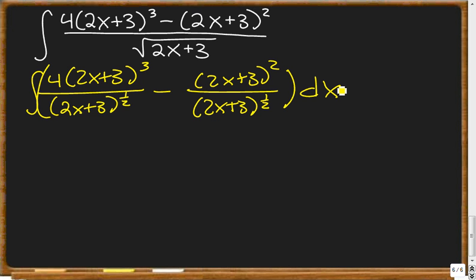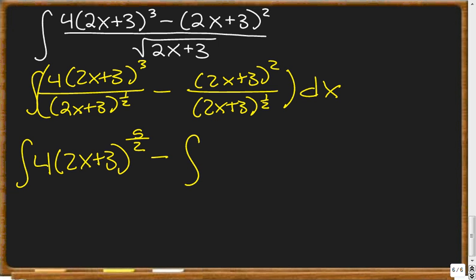And so now I'm going to do the same thing that I did with the last problem, or a couple problems ago, where I combine them all together. I'm going to subtract the denominator from the top. So this is the same thing as the integral of 4 times 2x plus 3 to the 3 minus 1/2, which is the same thing as 2 1/2, which is 5/2.